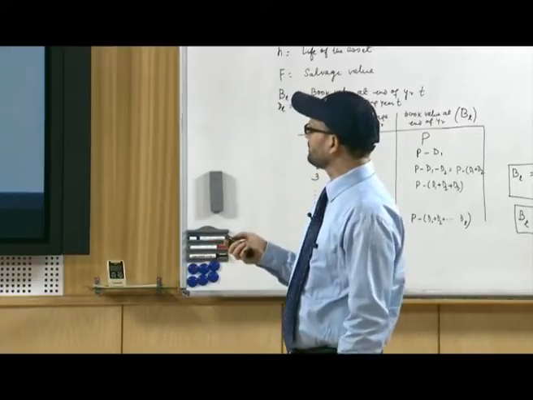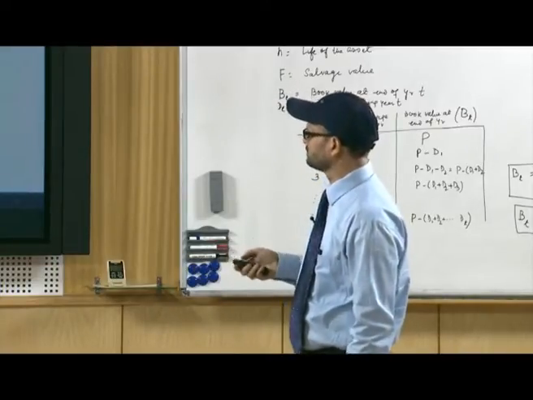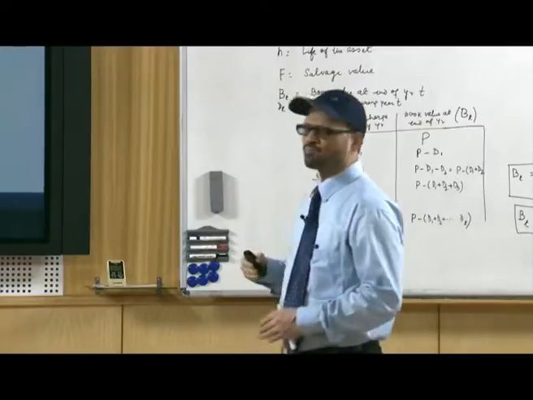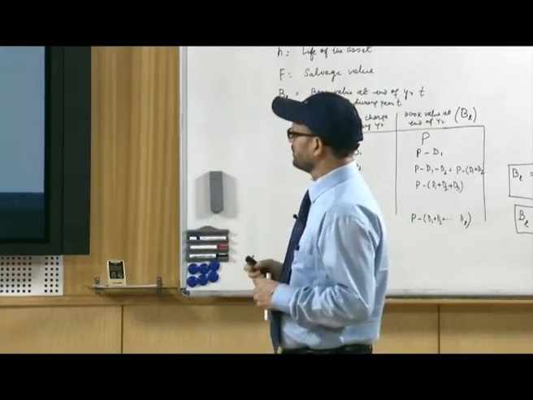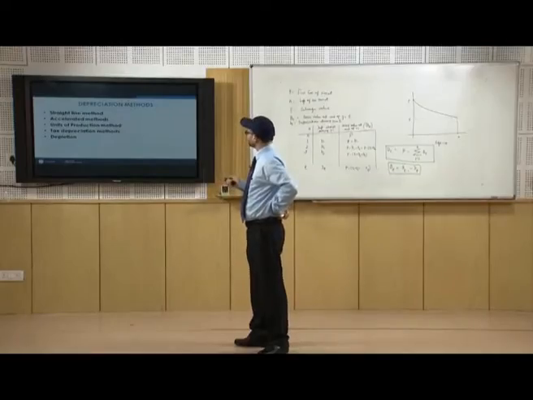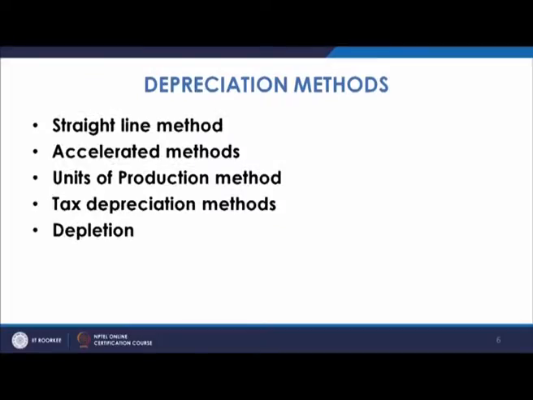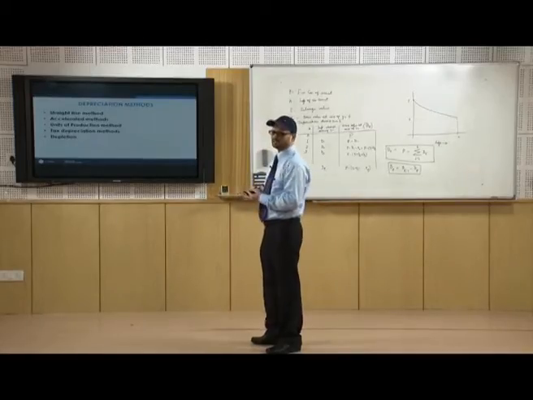Among these depreciation methods, which we will discuss briefly in the upcoming lectures, the methods which are of importance are the straight line method, accelerated method, units of production method, tax depreciation methods and depletion. Now, what happens in these methods?